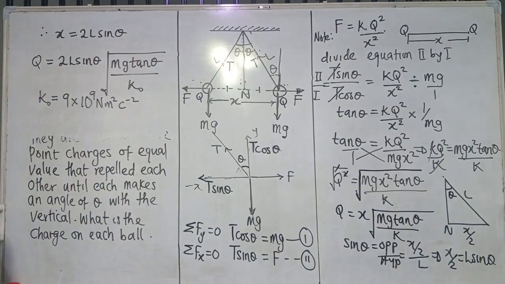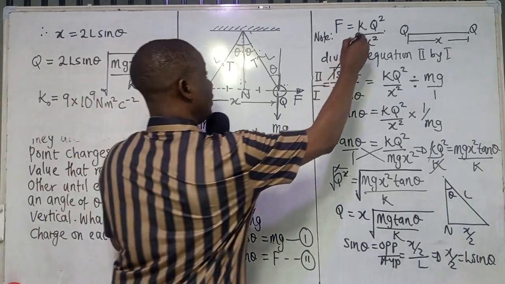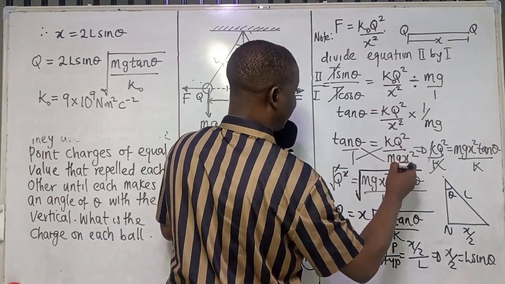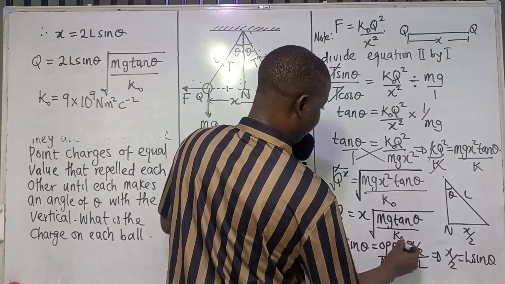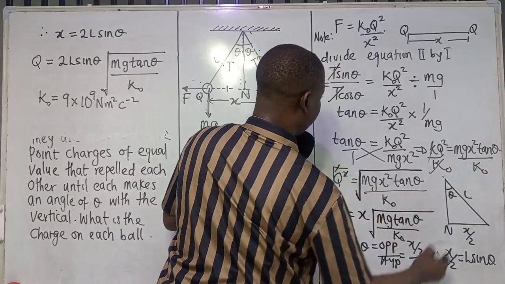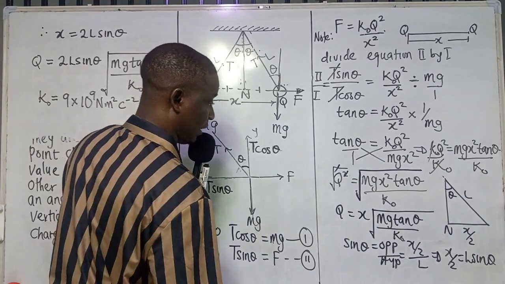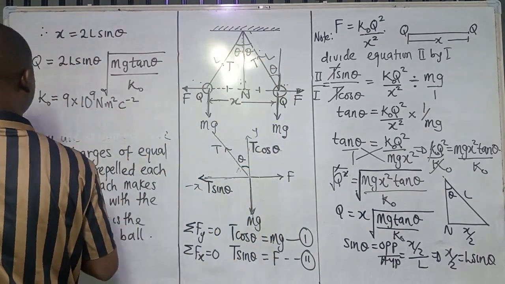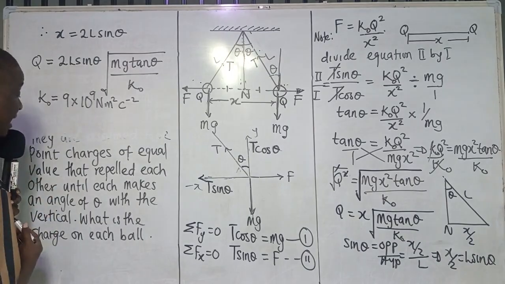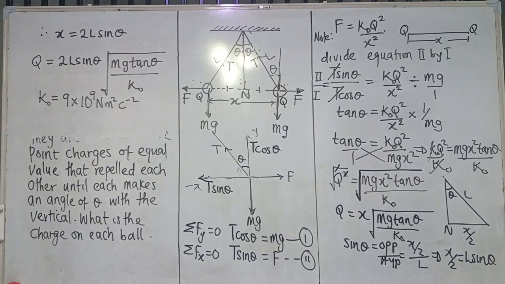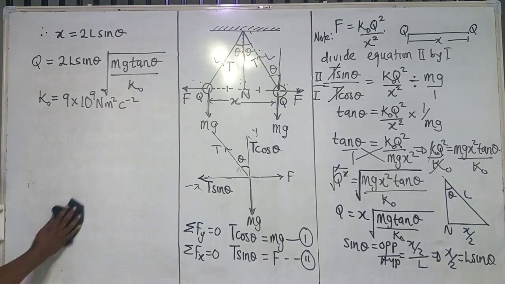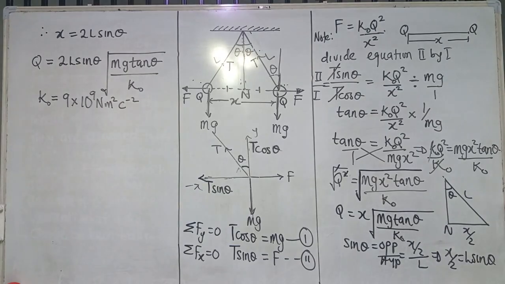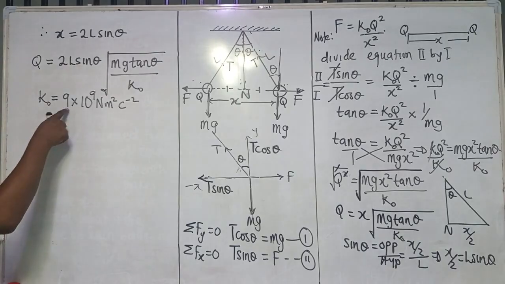You can take it as k naught anyway, so that you can differentiate k from k naught. Sorry for that, but just understand that your k is 9 times 10 to the power 9. Once you understand that, I don't think you are going to have a problem with the symbol, so just work with that value, the constant.